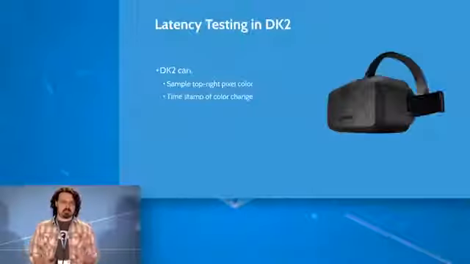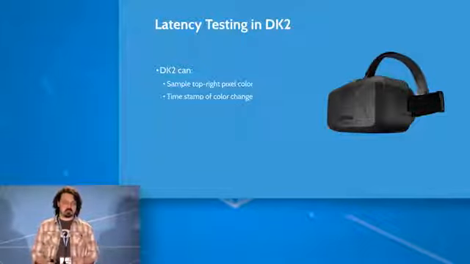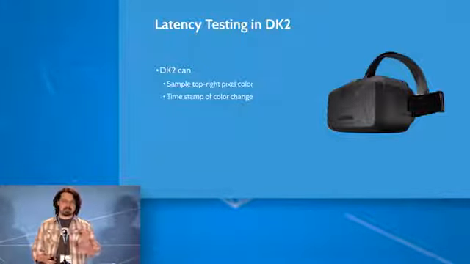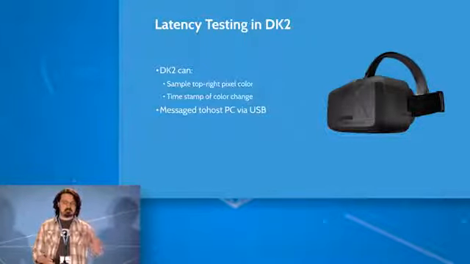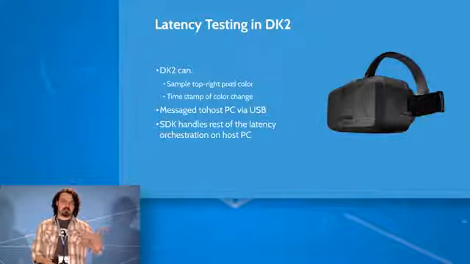With the DK2, however, we have some new cool features built in. The panel of the DK2 can sample the color of the top right pixel, and it also knows exactly the timestamp of when that color changed. It can reroute that information through USB to the PC, and then the SDK takes over the rest of the calculation to orchestrate the latency calculation.